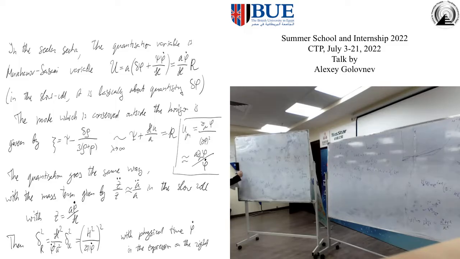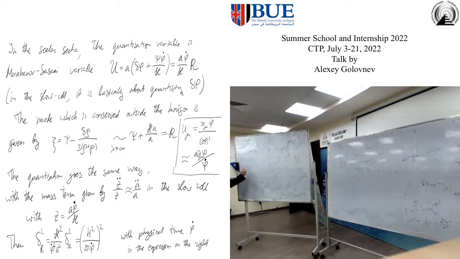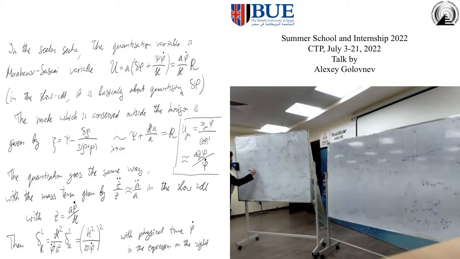And the Mukhanov-Sasaki variable is, okay, let me call it U, big U. The Mukhanov-Sasaki variable is delta phi plus psi phi dot over h.